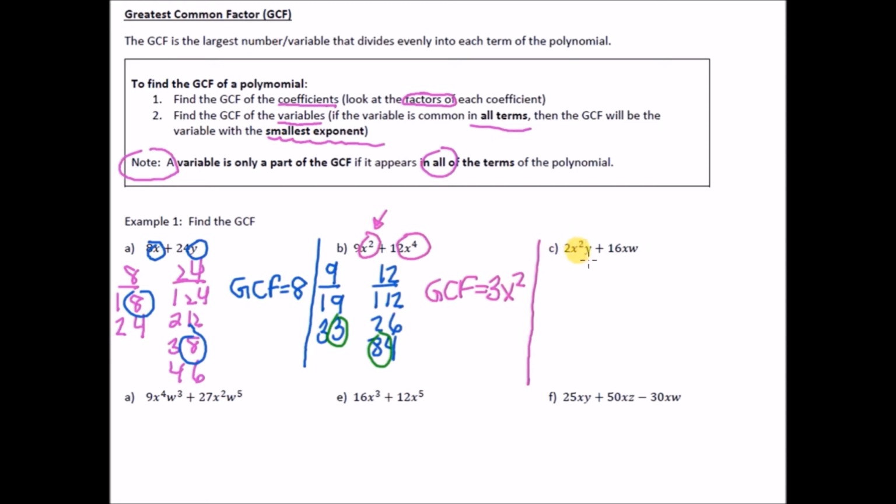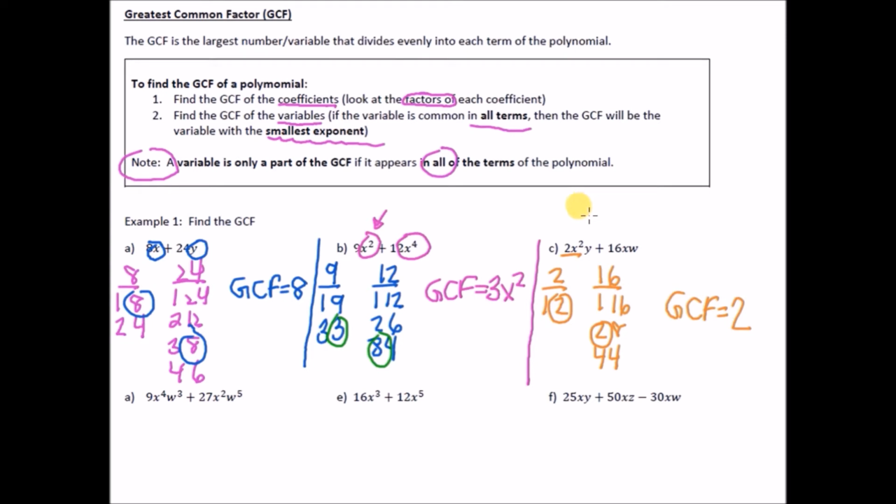Okay, 2x squared y, and then 16xw. The factors of 2 are 1 and 2. The factors of 16 are 1 and 16, 2 and 8, and 4 and 4. The largest common one is 2, so the greatest common factor will definitely have at least a 2 in it.